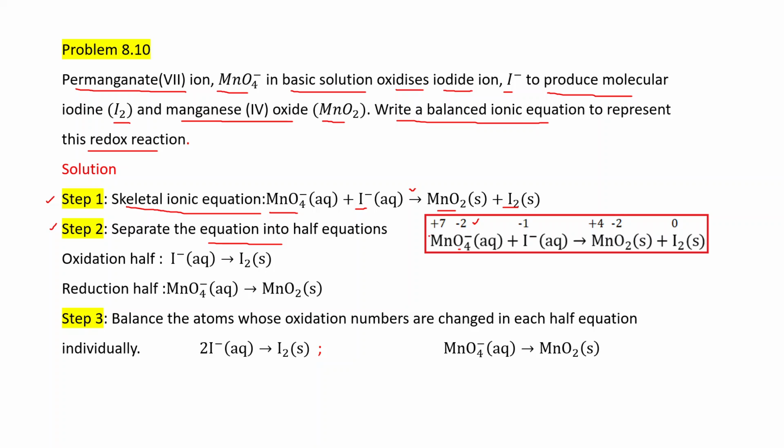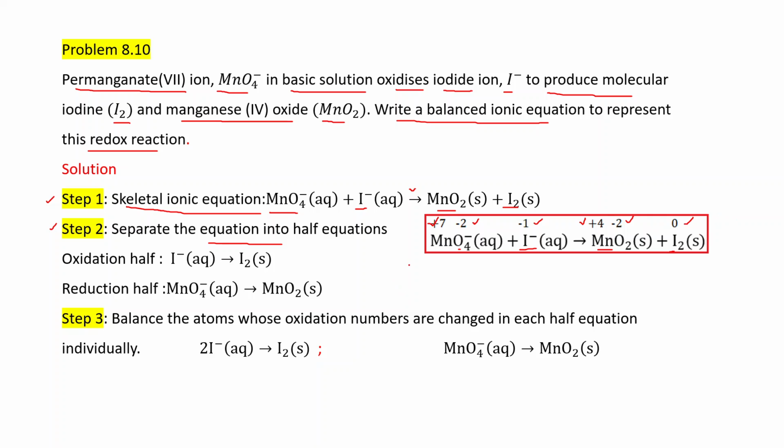Then we will get the oxidation number of Mn as plus 7. For iodide ion, this is a monoatomic ion, so its oxidation number is -1. In case of MnO2, oxidation number of oxygen is -2, and if we calculate, we will get the oxidation number of Mn as plus 4. In case of I2, I2 is present in the elemental state, so the oxidation number of each atom is 0.